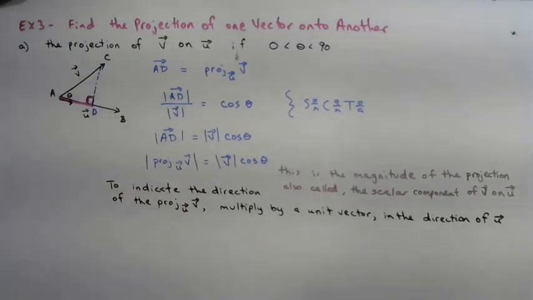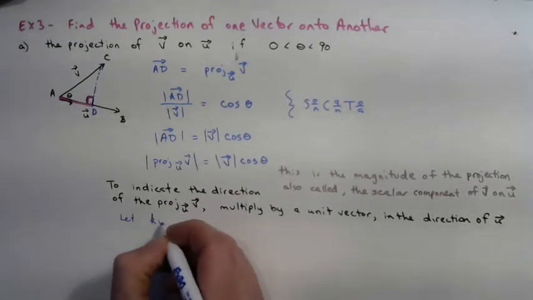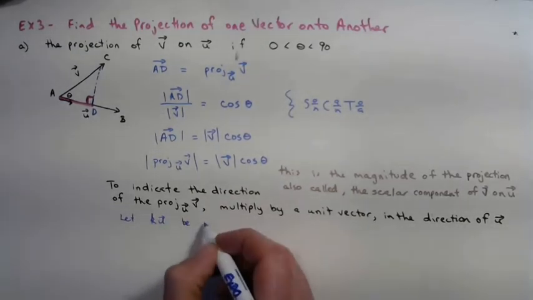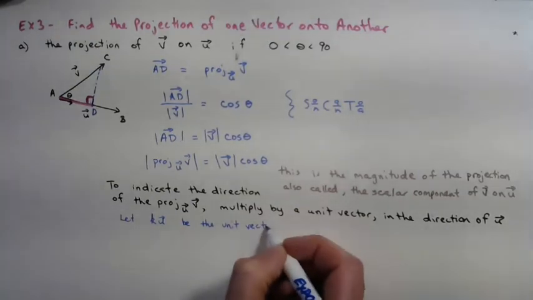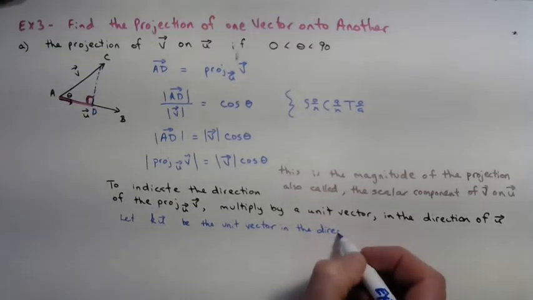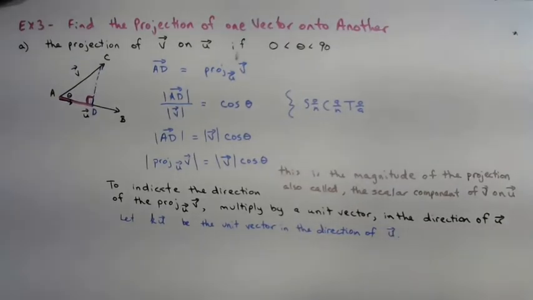So a unit vector and a multiple of it, we're going to let ku be the unit vector in the direction of U. Hopefully you're remembering this from previous lessons.